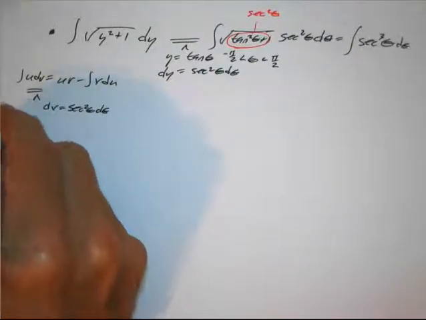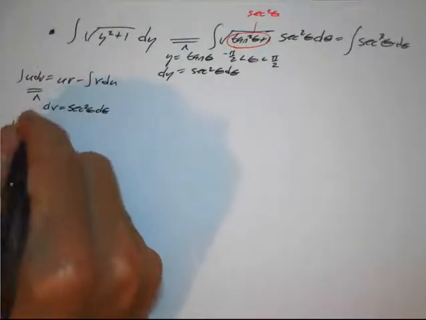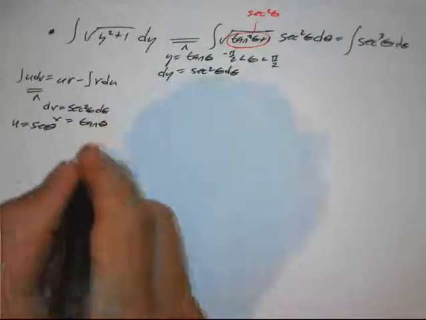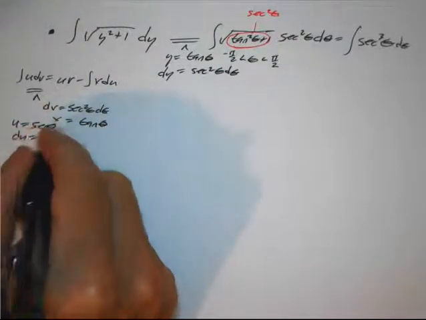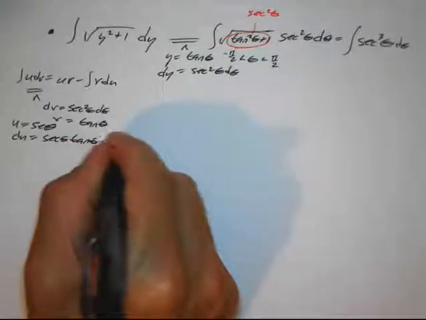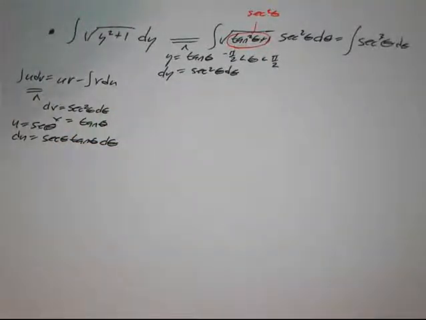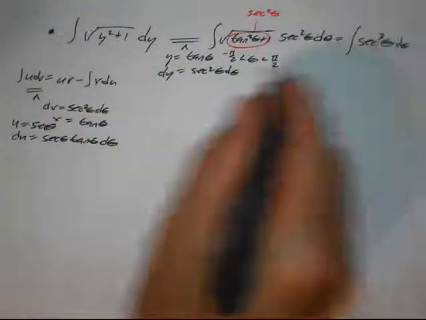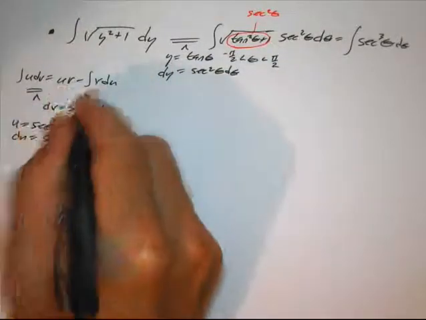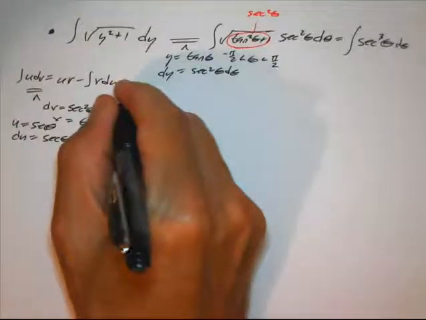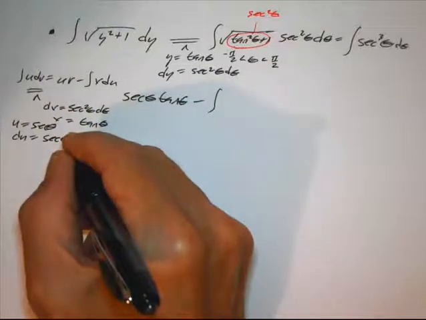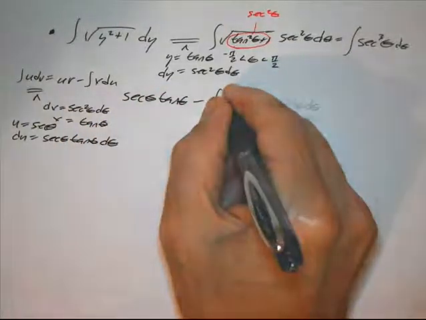And then it'll leave us with a choice of u to be secant theta. Okay, so v will be tan theta, and du is going to be secant theta tan theta d theta. Okay, let's substitute that into here and proceed to claim this to be uv, secant theta tan theta, minus the integral of v du, tan theta times secant theta tan theta.